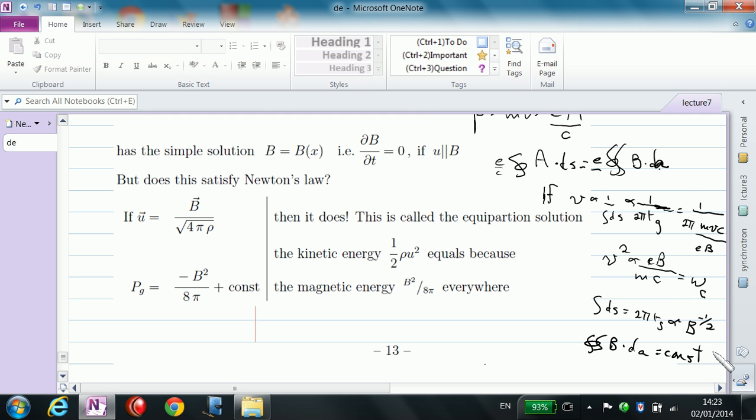So mv squared times the area is an adiabatic invariant, and the flux of B through the gyro radius is an adiabatic invariant, and you can see that this energy is just proportional to omega, because quantum mechanically the frequency of a state is just the energy, and it happens to be the same as mv squared.